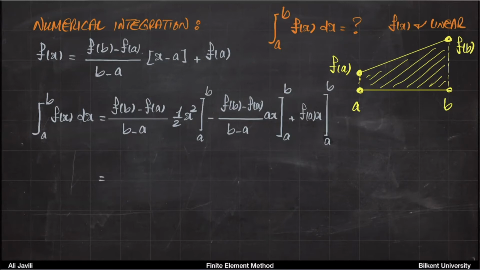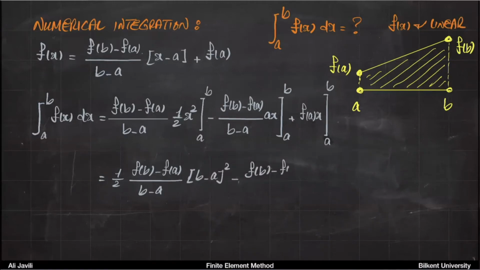So if you look at the first one, you would have 1/2 of fb minus fa divided by b minus a, times b minus a squared, minus, now you have fb minus fa from the second one divided by, again, b minus a.